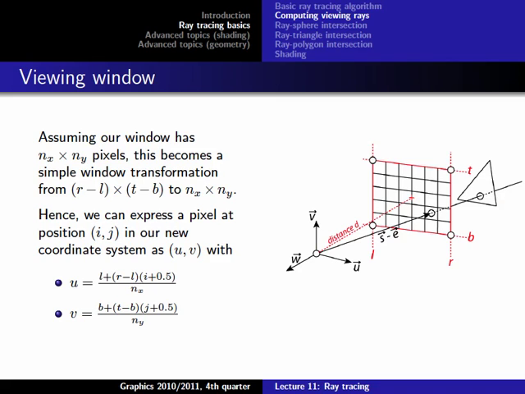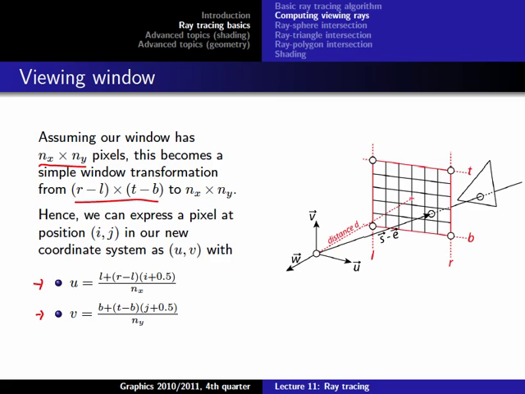So we have a window of nx cross ny pixels, and we have this specified viewing window, and we want to map them to each other. We can do this by using these two equations here, which look a little complicated, but you see this is pretty much related to what we already did.